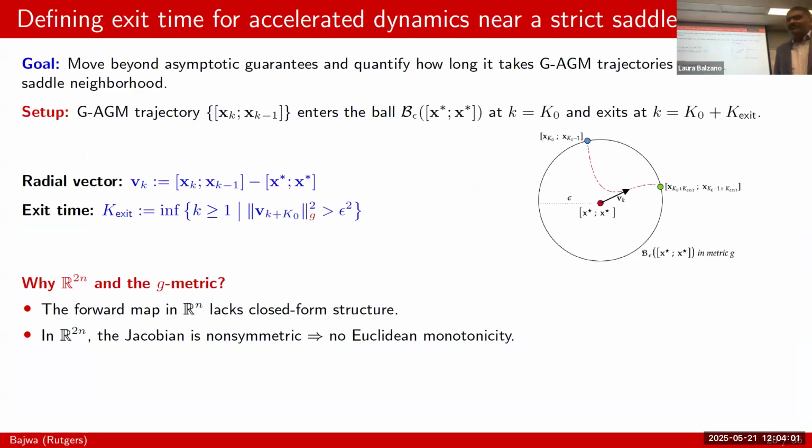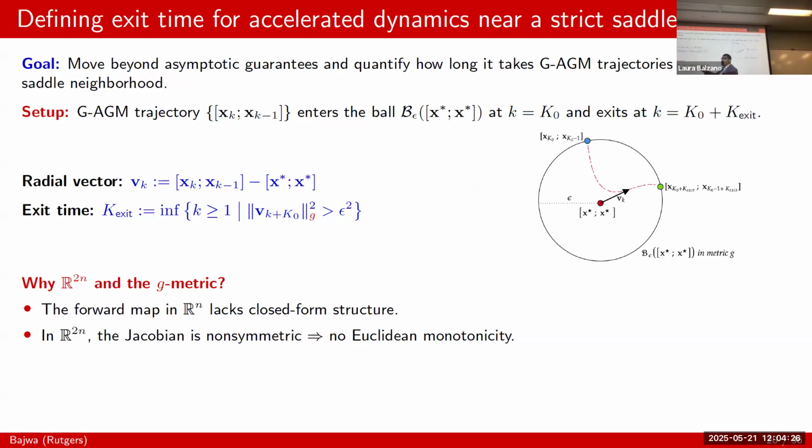Okay. Now, the challenge here is the analysis is more challenging, and I want to at least point that out, right? We can start, so exit time, the question of exit time, again, we have to do it in 2n dimensions. We can't do it in n dimensions. Why can't we do it in n dimensions? Because that n dimensional forward map doesn't have a good, neat, closed form expression.